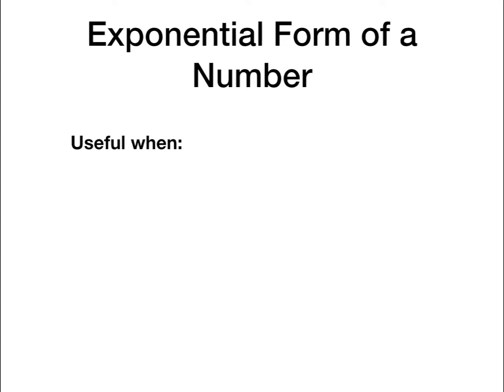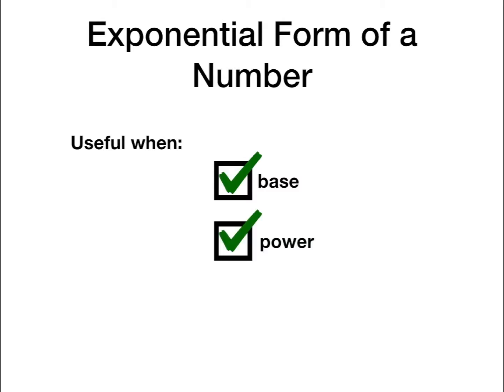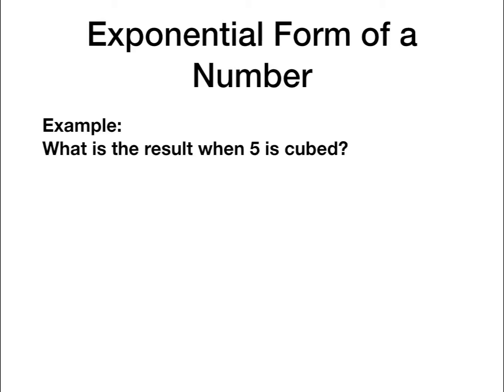The exponential form of a number is quite useful when you know the base, you know the power, but you don't know the result or the product. For example, you are asked what is the result when 5 is cubed.